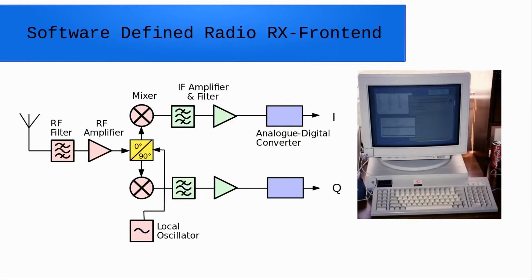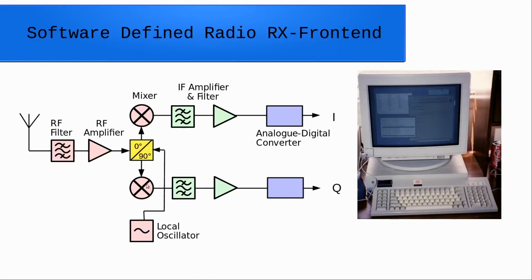Then again, we have some filtering, an amplifier, and now we have an IQ mixer. Here you can see it actually consists of two mixers, and this local oscillator signal is shifted by 90 degrees to the lower part of our signal.